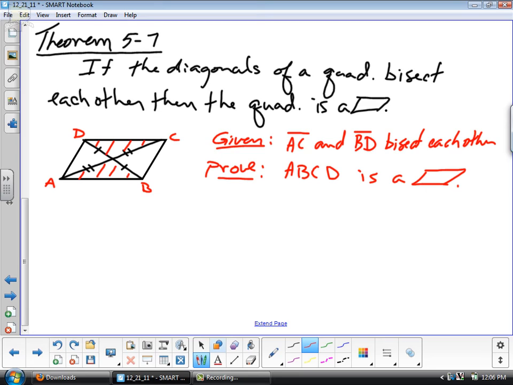I'm going to get there by saying that these two triangles are congruent. Why are triangles AOB and COD, we'll call that point O, congruent? Yes, the vertical angles, right?